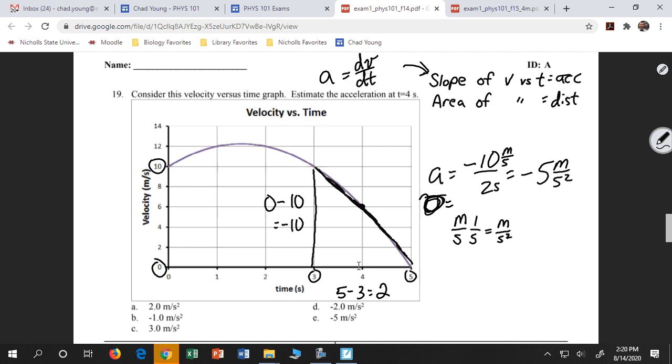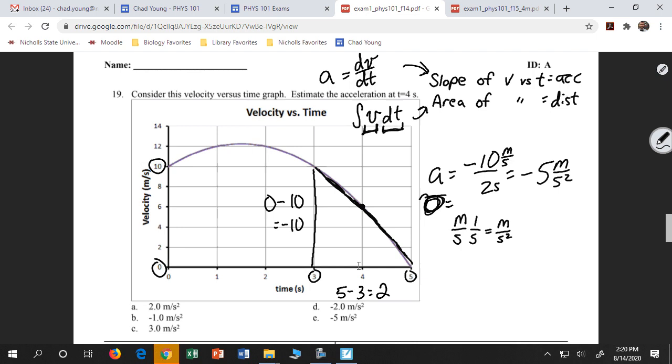You don't need to write that down. You don't need to know that, but that's what the derivative means. It is the slope. The area of a graph, on the other hand, in calculus speak, is equal to the integral. And so the integral is really just calculating the area underneath a function. And in this case, it's going to be the integral of v dt. Notice this is the y-axis, this is the x-axis.